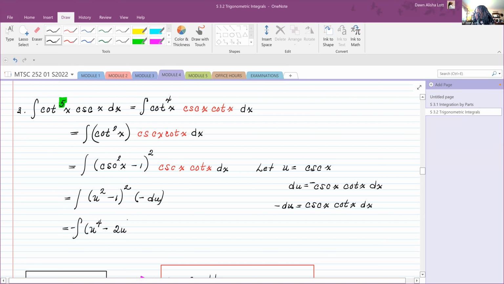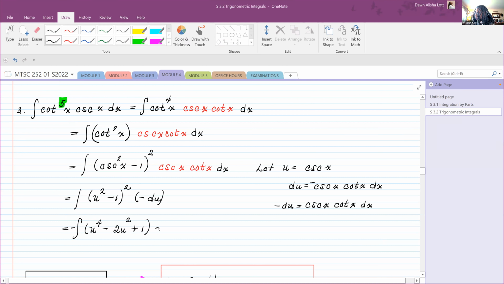This was minus du. I can pull the negative out if I want. I get the integral of u to the fourth minus 2u squared plus 1 du.